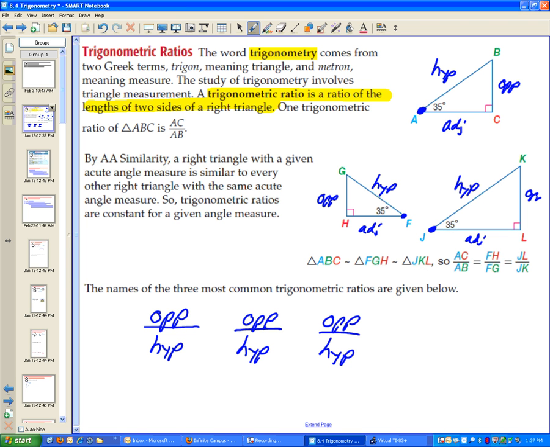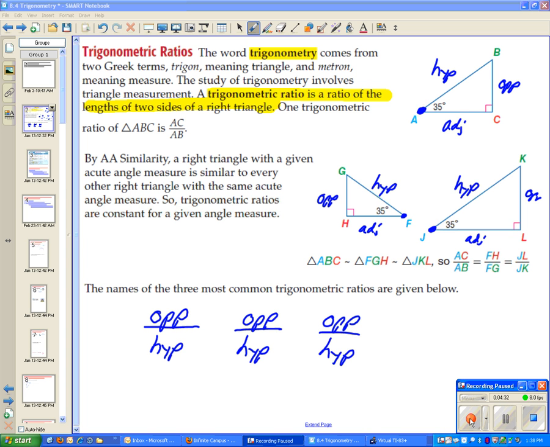What's your guess about those three ratios? They're proportional. In other words, the ratios are equal. Those corresponding ratios out of opposite and hypotenuse are going to be proportional, so those ratios are equal to each other.